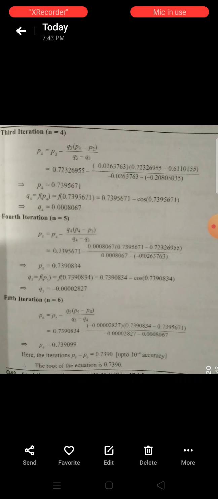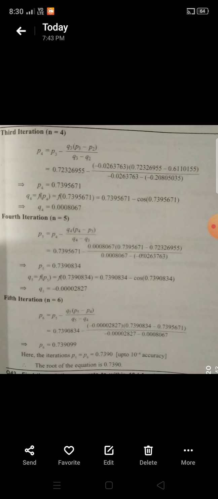0.7395671 minus 0.000867 into 0.7395671 minus 0.72326955 by 0.008067 minus of minus 0.0263763.